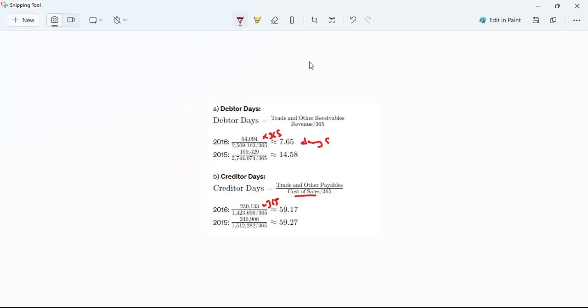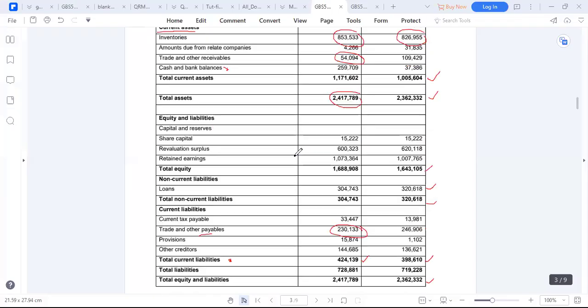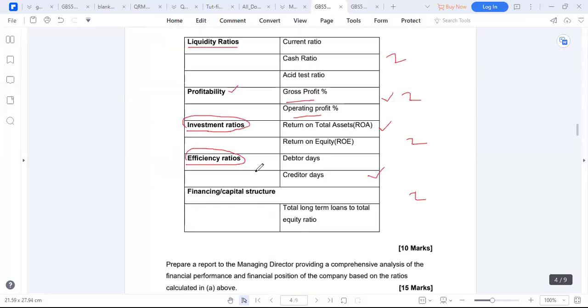Okay, so we can proceed. The last ratios that we are going to look at are the financing ratios. What did we say about the financing ratios?